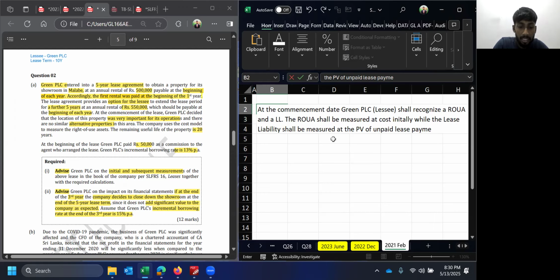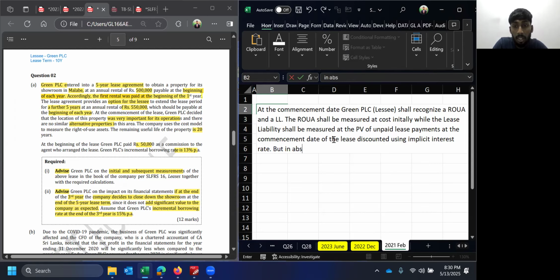At the commencement date of the lease, discounted using the implicit interest rate.